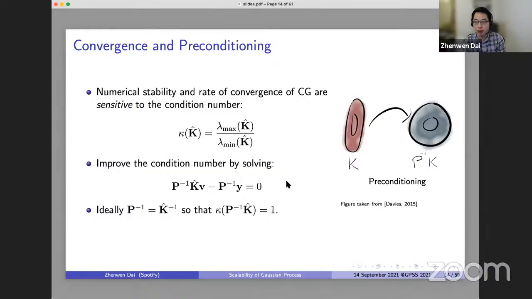Also, during the time we developed GPy, we didn't develop much in that direction. But if you really want to try out the conjugate gradient method, I think GPyTorch is probably the best choice at the moment. Cool, thanks.